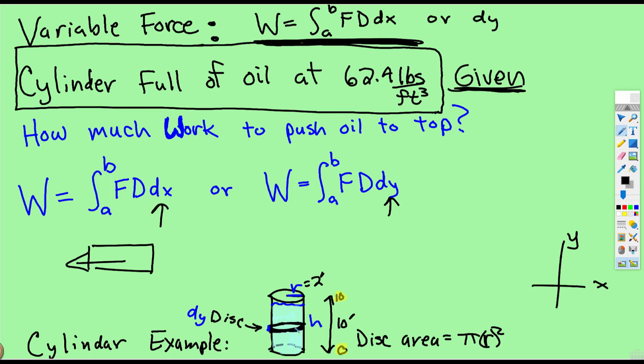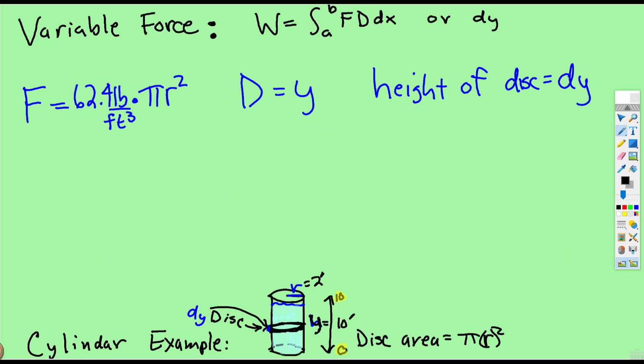Now, there's two ways to approach this. Sometimes you're going to go that full height. You're going to start down here, go all the way to the top, and the B to A is from 0 to 10. But maybe you're only going part of the way, so maybe you'd only go 5 feet or whatever that distance is, and then it would be the height subtract the y value. So I'll show you in a sec.